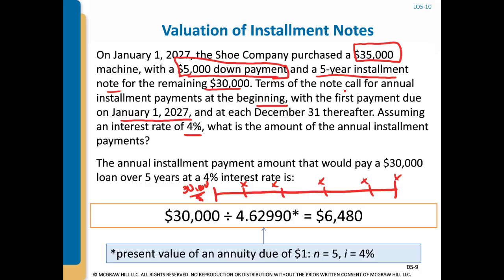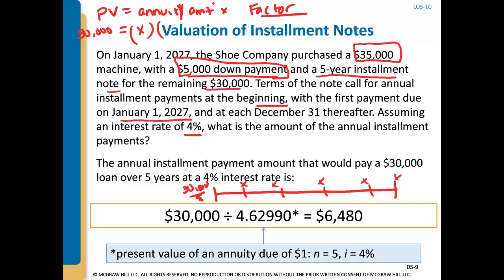So again, the present value equals the annuity amount times the factor. So we know the present value is 30,000. We don't know the annuity amount. That's going to be X, but we know the factor. We know the factor is over a 5-year period and 4%.